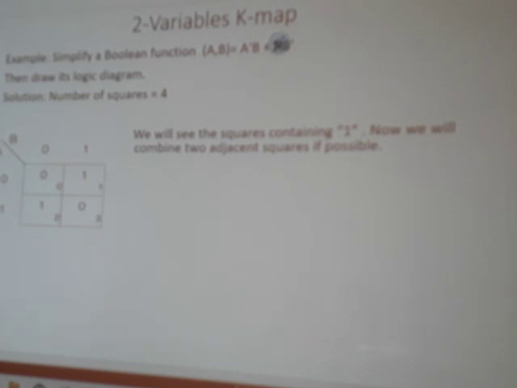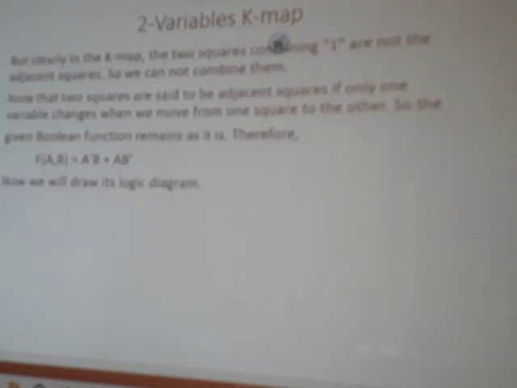So the given function remains the same, which is f(a,b) equal to a'b plus ab'.